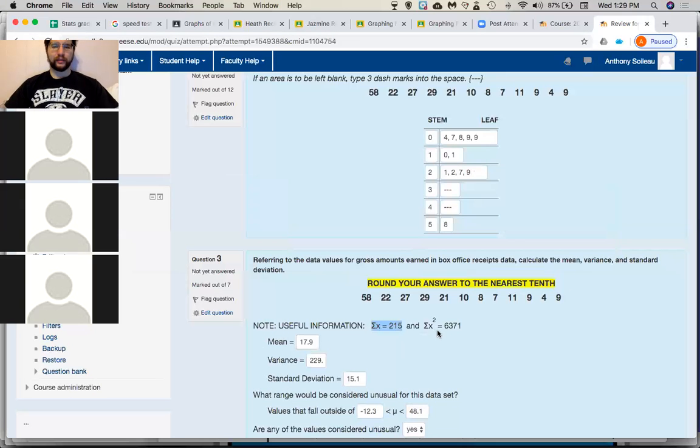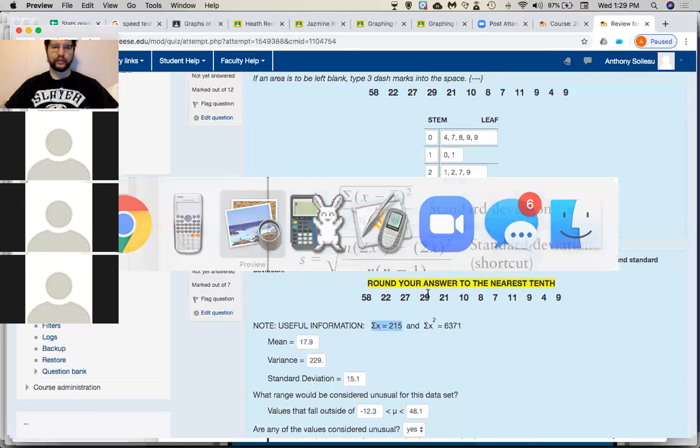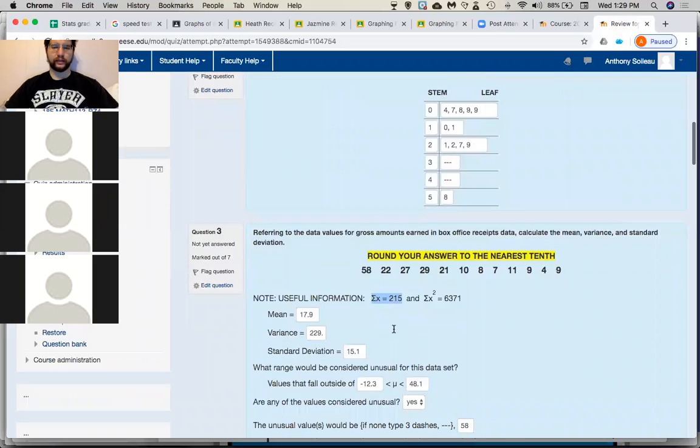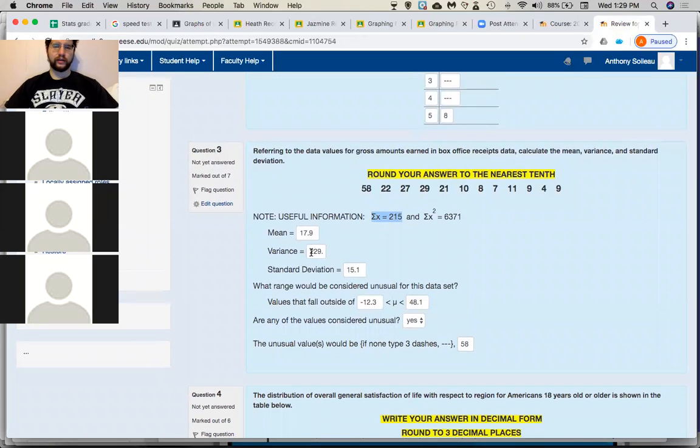Then I'm not actually going to type out the formula because it's slightly lengthy, but you'd use this one, the standard deviation shortcut. It looks a little longer than standard deviation, but it's actually a lot easier because we have this data value here and this statistic here and this statistic here, these numbers. So just plug them in the calculator and you'll get your standard deviation out of there. Take your answer and square it, match your variance.